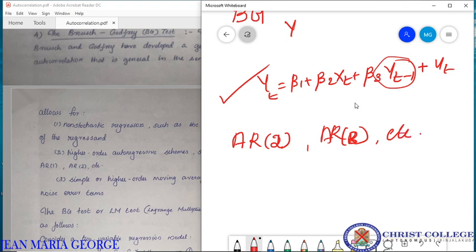The third condition is that simple or higher order moving average of white noise error terms will also be included here. Moving average, we will deal with in detail in the coming sessions. This BG test is also called the LM test, the Lagrange multiplier test.